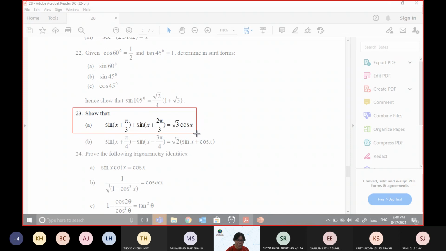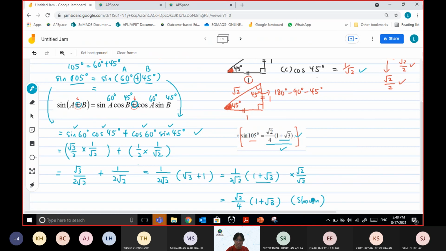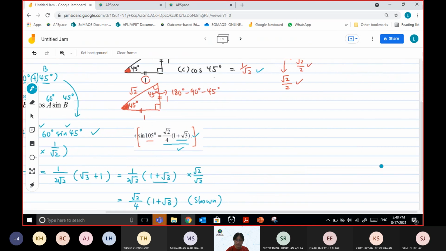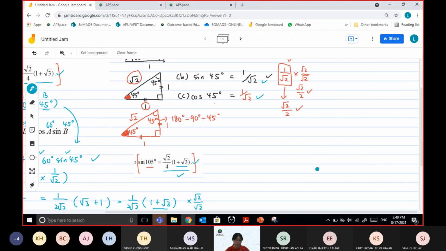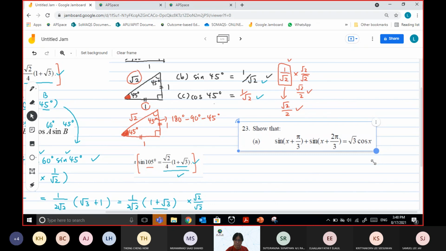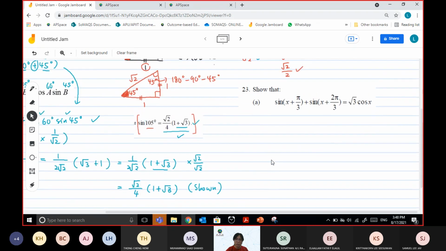Let's do question 23A first. Okay, so let's look at question 23A. In 23A, you are asked to show that the left-hand side is equal to the right-hand side.